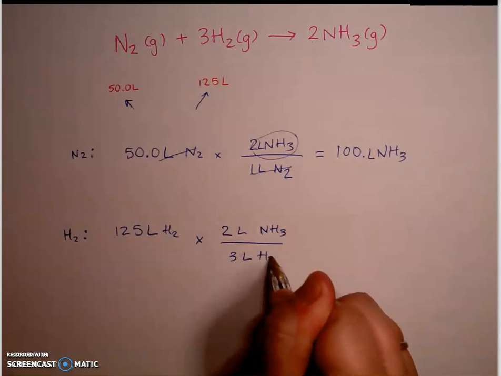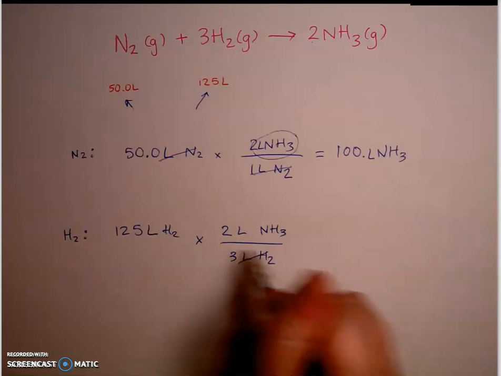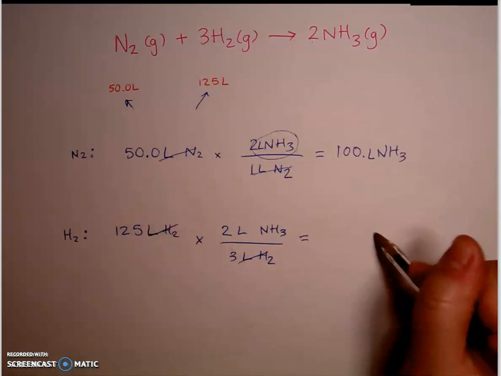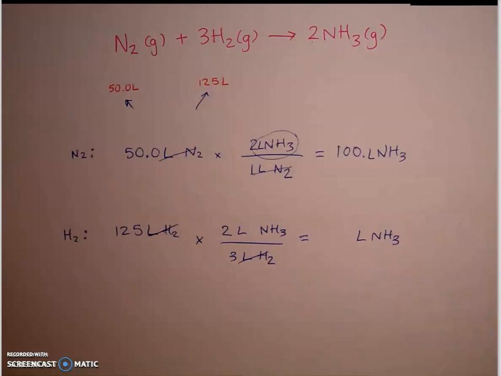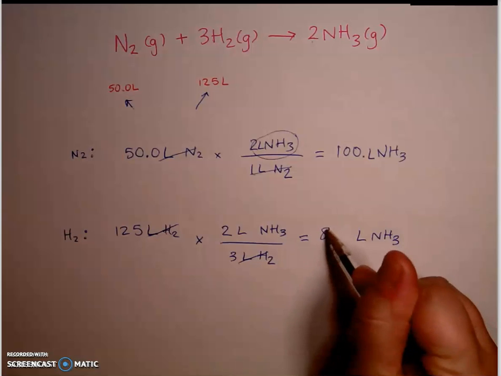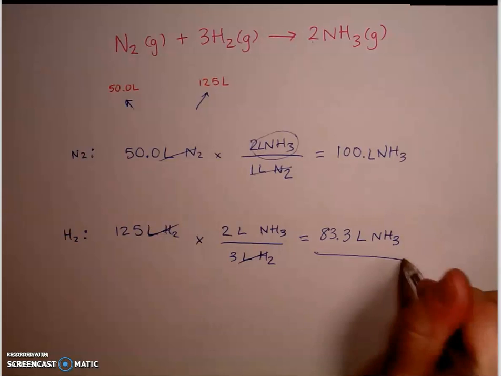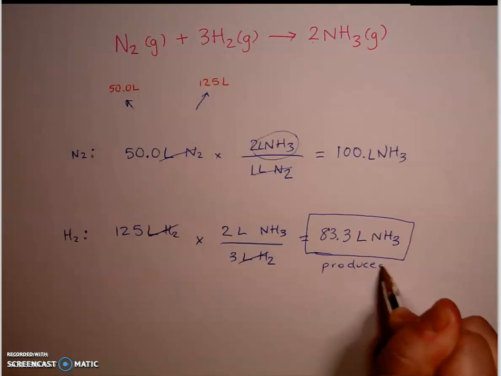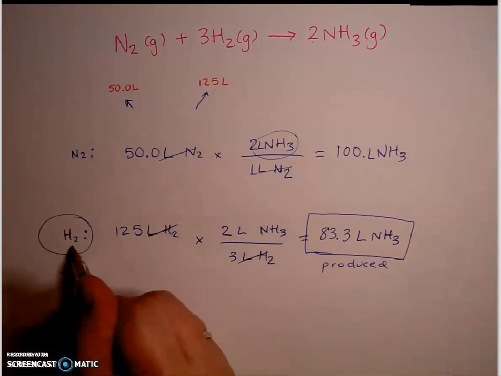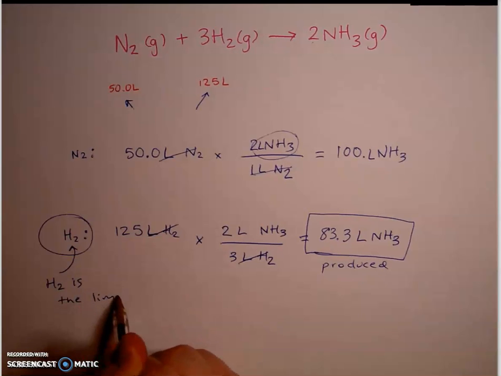Wanted over given. See how my liters of hydrogen cancel with liters of hydrogen. And then my units in my answer are liters of ammonia. 125 times 2 divided by 3 is 83.3. So that's my smaller value. So that is the amount produced. Hydrogen is my limiting reactant.